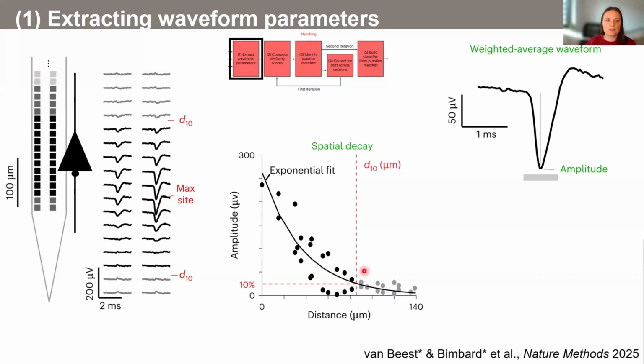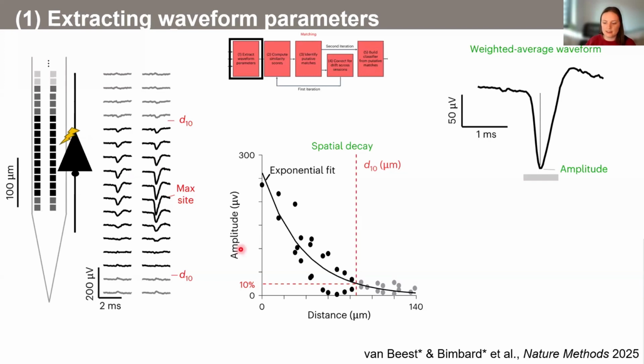certain distance. Because Neuropixels has very high density recording sites, we can use this to follow the electrical current in time within a single waveform, so basically within a millisecond. So we know that in neurons, the electrical current travels a little bit within the neuron.